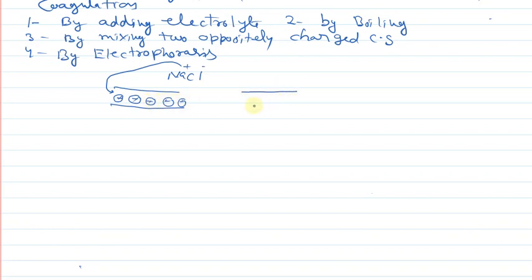When all colloidal particles become neutral, the repulsion force acting between them disappears. They come close to each other. They combine, coalesce, become heavy, and settle at the bottom due to gravity. This is coagulation.